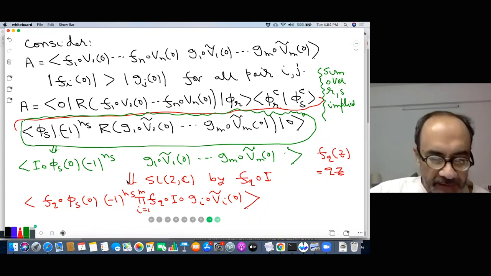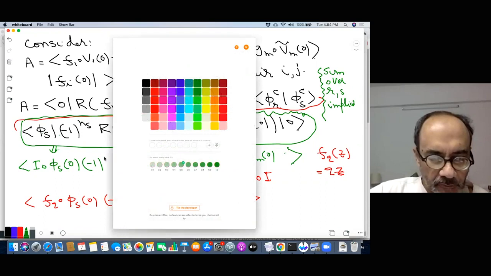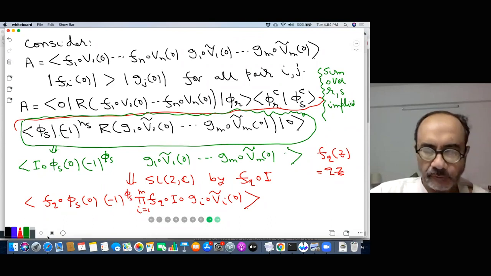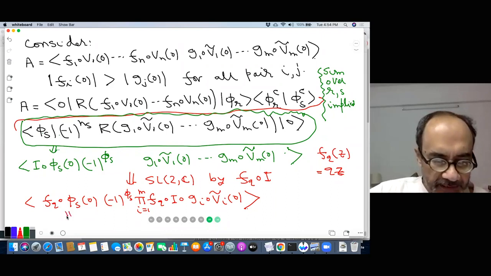So this is not ns, this is phi s. Now FQ dot phi s, the scaling, I can write as Q to the HS, Q bar to the HS bar, phi s of 0.